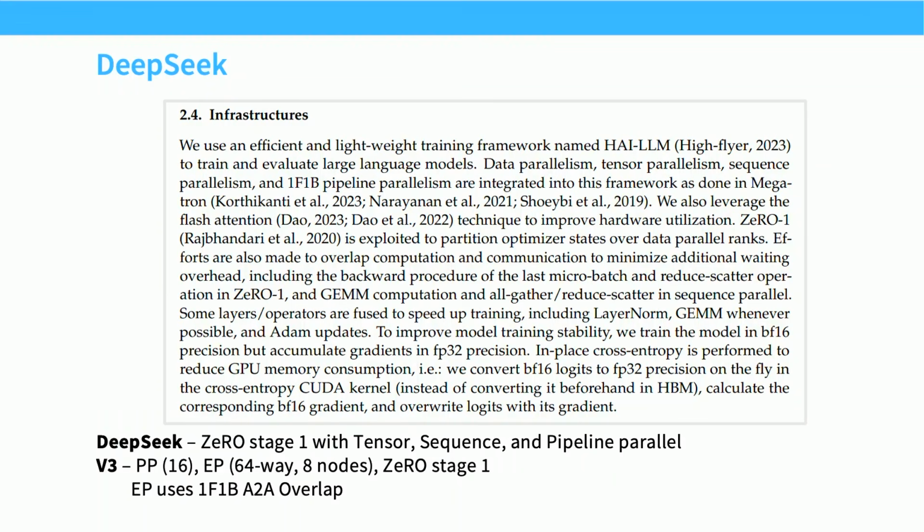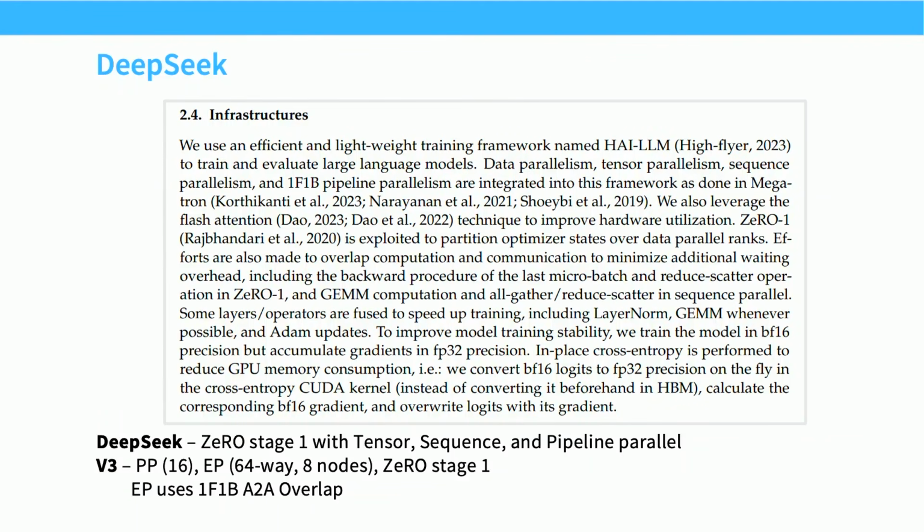DeepSeek, because of their systems skills, does do some pretty exotic and useful stuff. So DeepSeek v1 was trained just with data parallel ZeRO stage 1 with tensor, sequence and pipeline parallel, as I talked to you about before. DeepSeek v3, that's a MOE model, if you remember my MOE lecture. So they have not only pipeline parallel, but they also have expert parallel instead of tensor parallel, right?